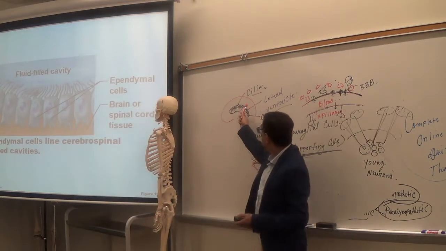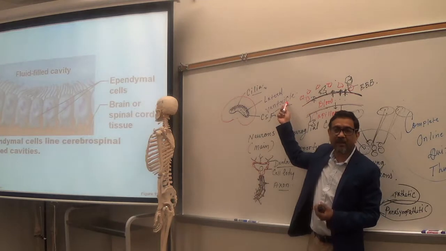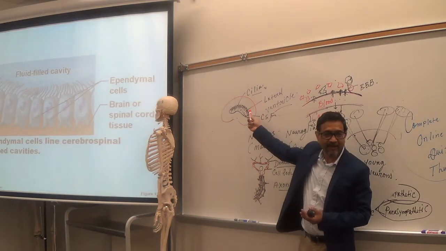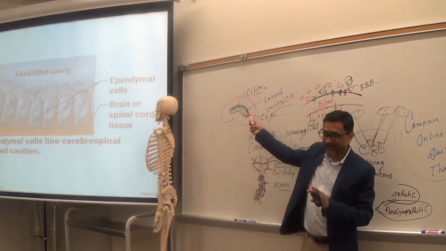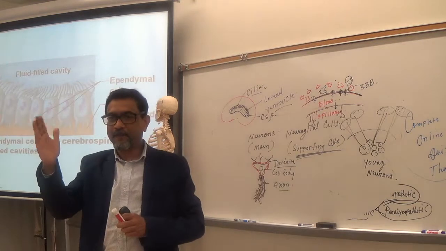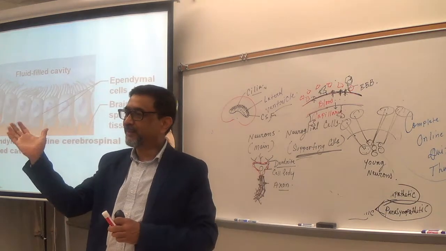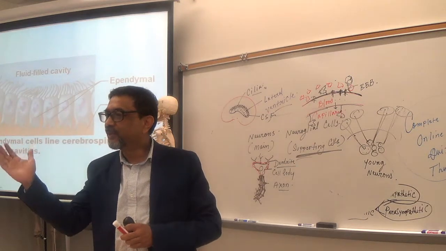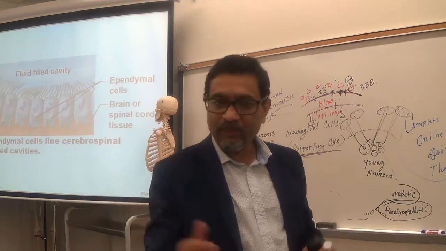In the wall of the ventricles, right? What are the ventricles? Fluid-filled cavities inside the brain. Is it clear? And ependymal cells have what? Cilia, right? And by moving the cilia, they help move the fluid. Make sense? Move the fluid.